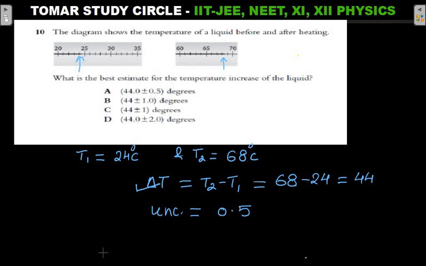So, the best estimate of the increase of temperature of the liquid with uncertainty can be written as delta T plus minus uncertainty, or that can be equal to 44.0 plus minus 0.5 degree. And the correct answer is answer A.